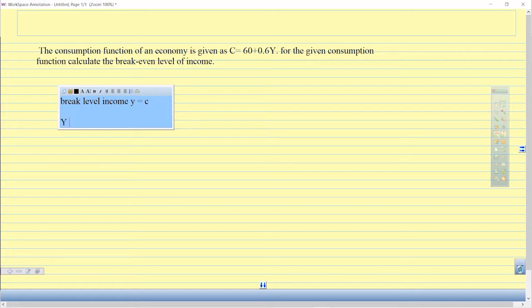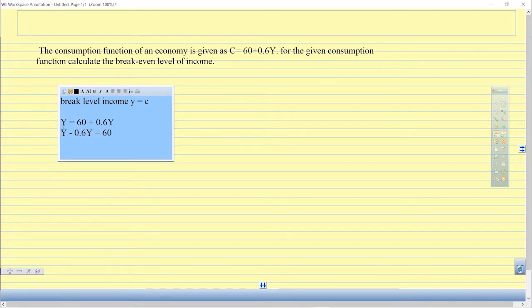So y = 60 + 0.6y. Keeping the constant on this side and taking the 0.6y to the other side of the equation, y - 0.6y = 60.